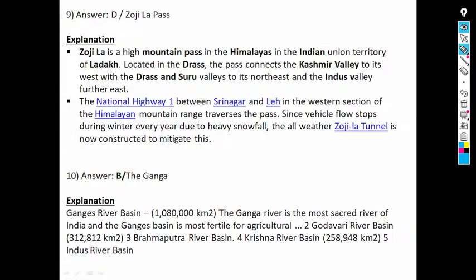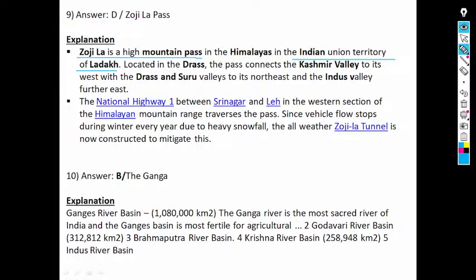Next, look, the Zojila is a high mountainous pass in the Himalayas in the Indian Union Territory of Ladakh. It is located in the Dras sector.